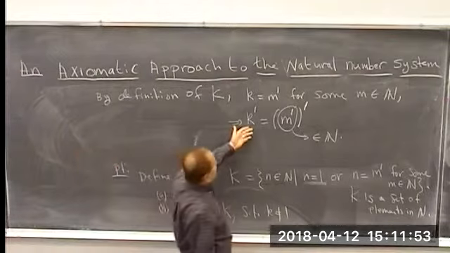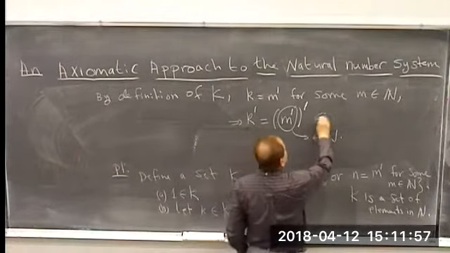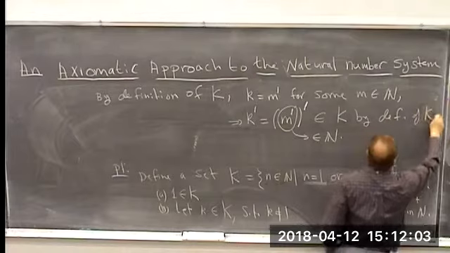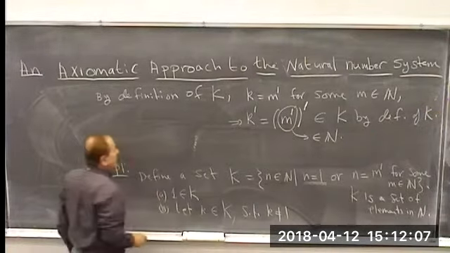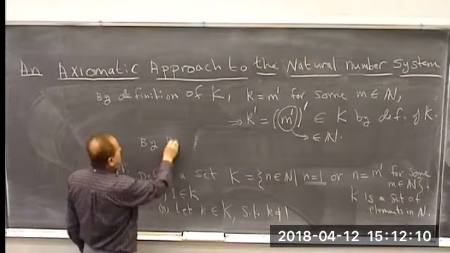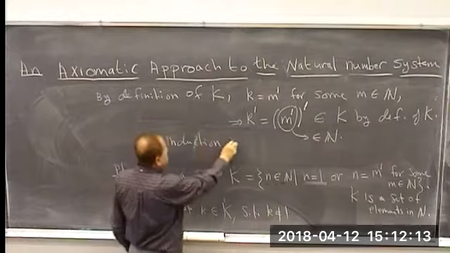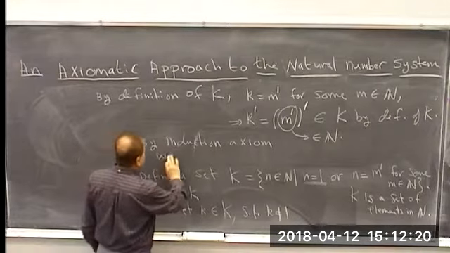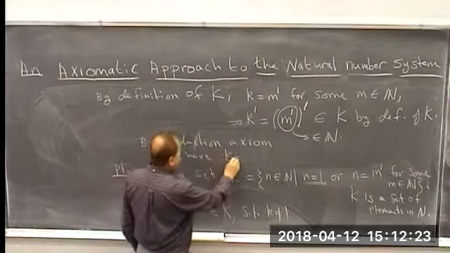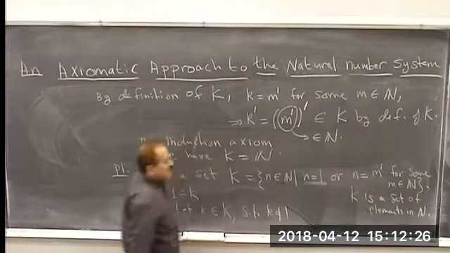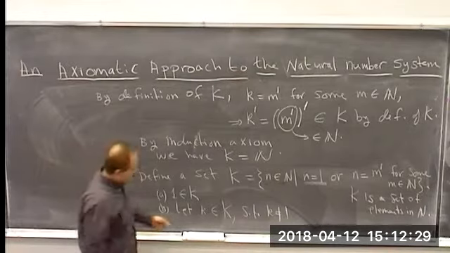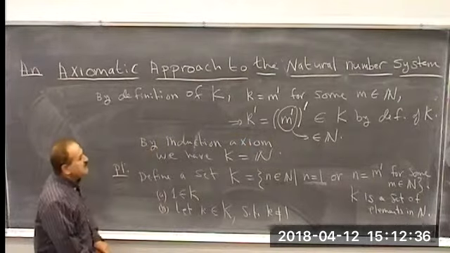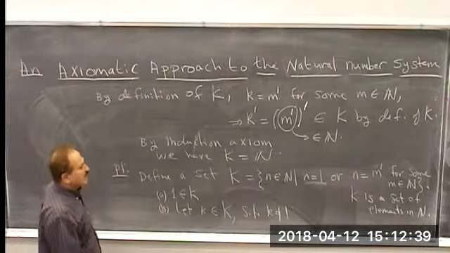And it means that, by the definition of K, this belongs to K. So by the induction axiom, we have K is equal to N. It means that any natural number is going to be either 1 or a successor of some element, and this applies to all natural numbers.